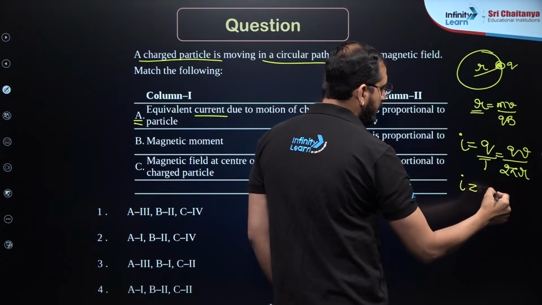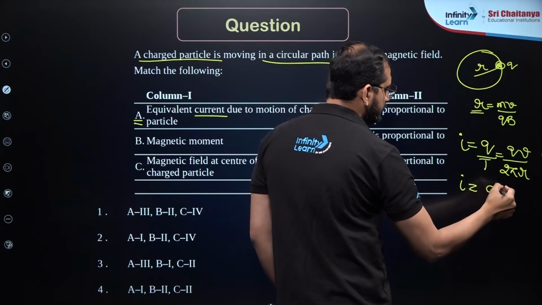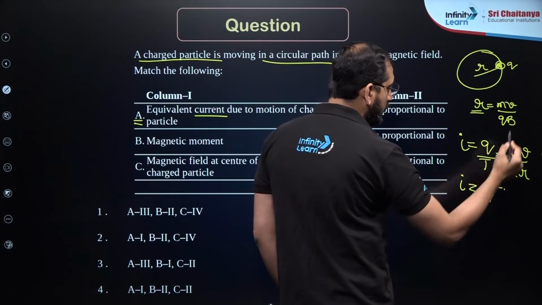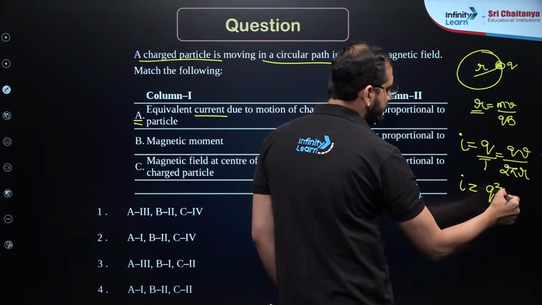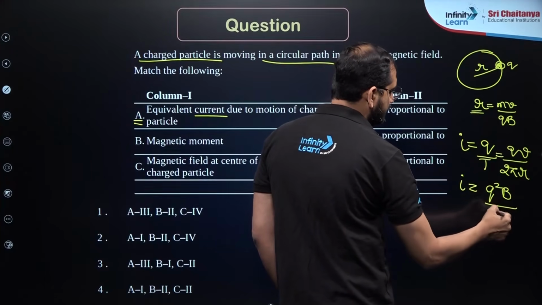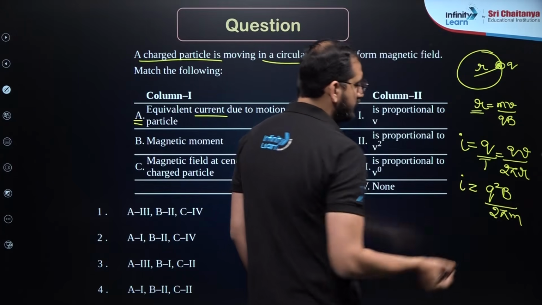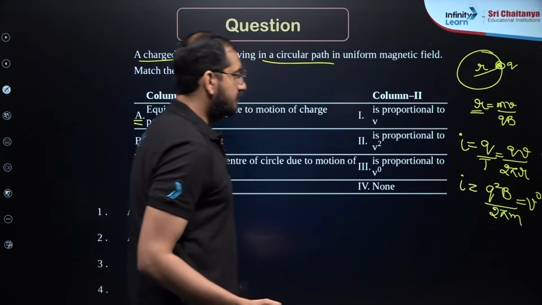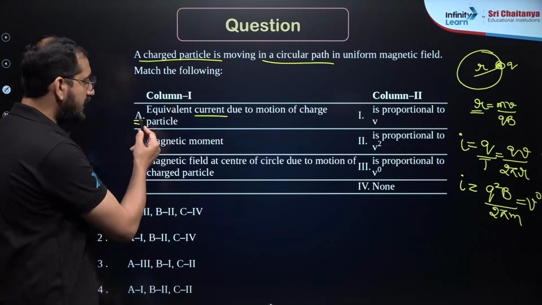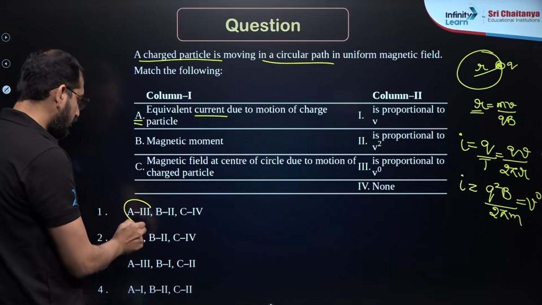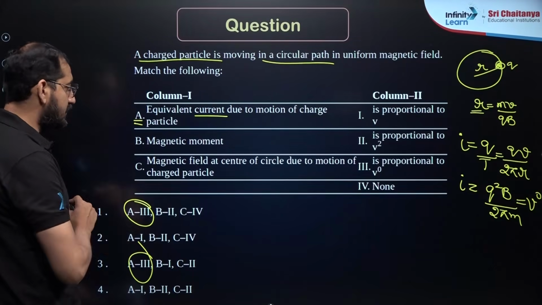So after putting, we are going to get q square, and v is going to get cancelled out. It means that current is independent of the velocity. Do we have any option like that? For the A, third one is matching. So this could be my answer.